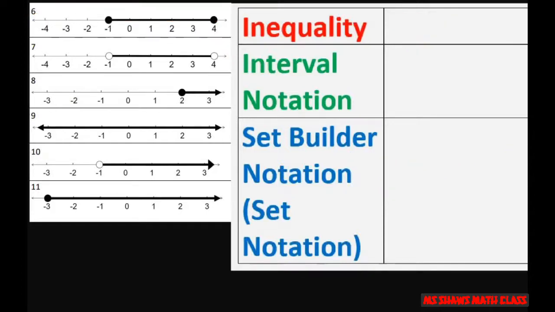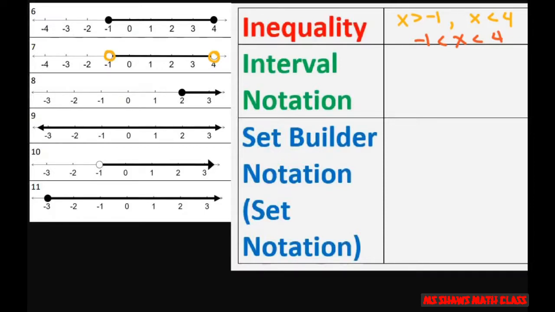Okay, so let's do the next one. It's very similar except these are open intervals. So x is greater than -1 and x is less than 4. Again, the easier way to write it is x is in between -1 and 4, exclusive.